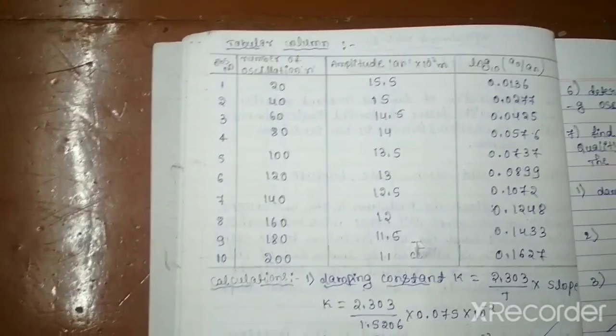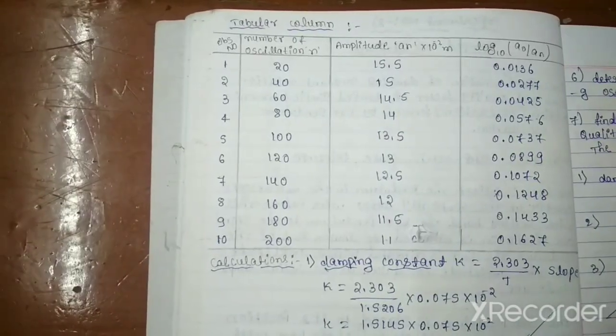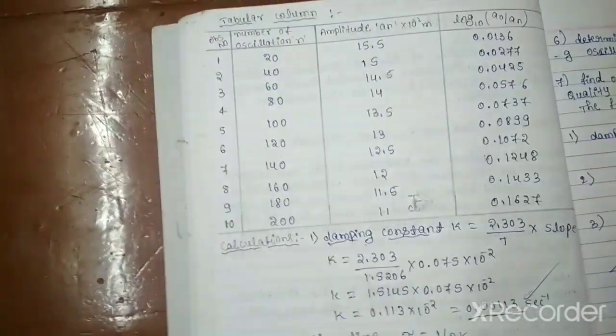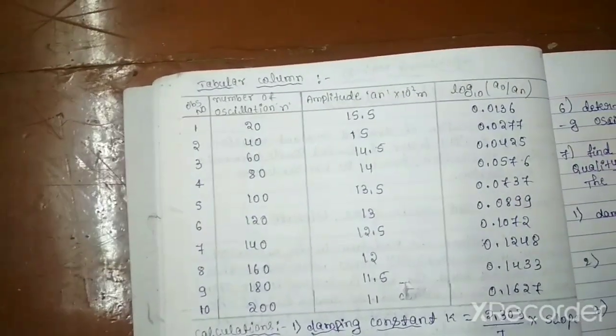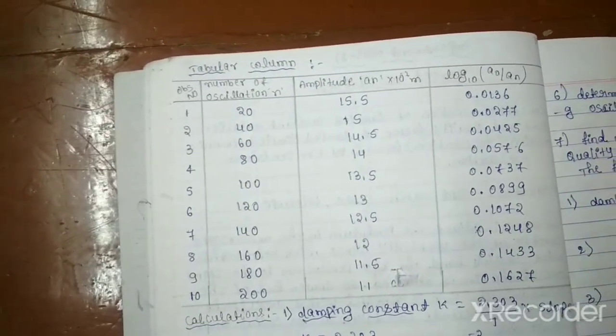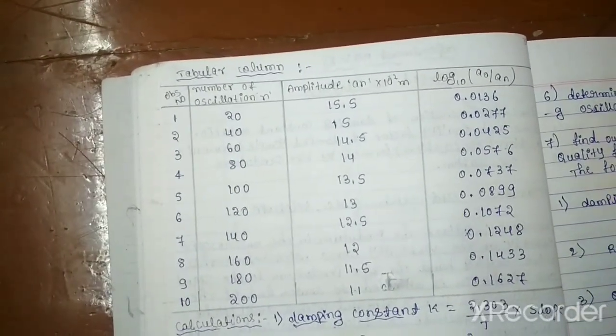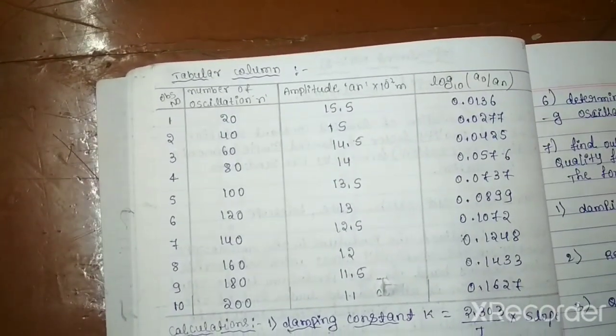Next, don't stop for your counting; continue oscillating and counting. For 40 oscillations the amplitude is 15 centimeter, and for 60 it is 14.5, like that.